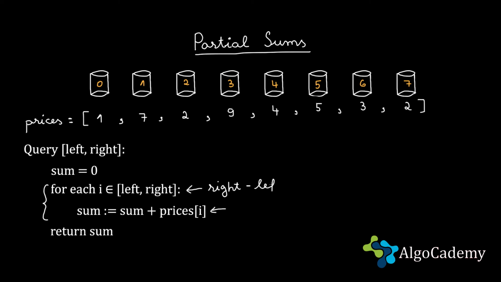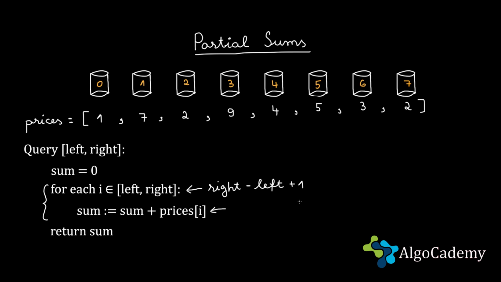Now, let's compute the time complexity of the algorithm. Obviously, we can't express the time complexity of right minus left plus 1 because right and left are not in the input. All we know from the input is the array prices, its length, which is the number of servers, and let's denote that number of servers as n. And because we have right minus left plus 1, we need to make an upper bound of this value based on n, right?